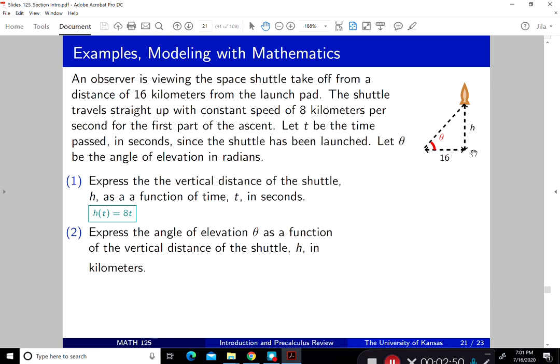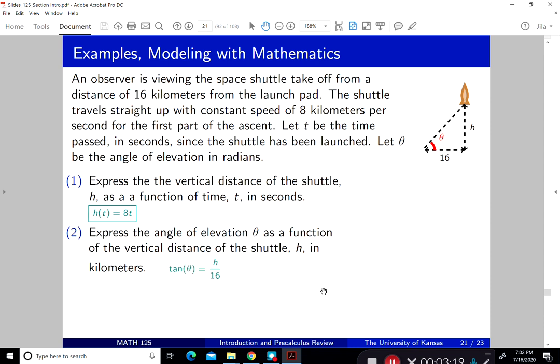We know from trigonometry that I have 16 kilometers over here, and I can use the ratio between h and 16 to find a trigonometric ratio for theta. And so that would be tangent of theta is equal to h over 16.